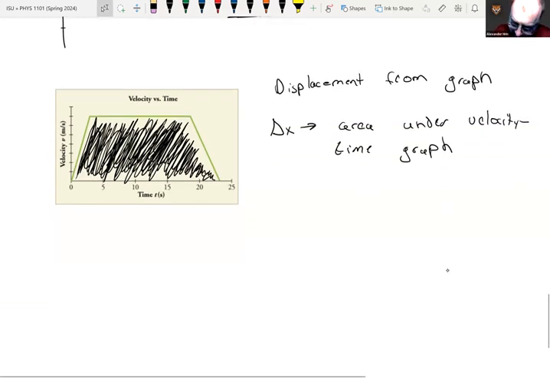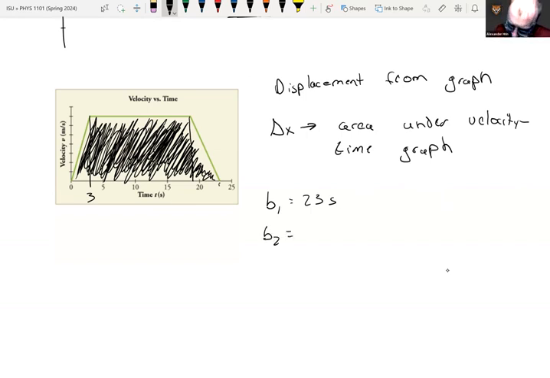Now the bottom base, so base 1 is the bottom, equals around 23 seconds. Base 2 looks like it goes from 3 to, I don't know, about 19 maybe? I think it's about 19.